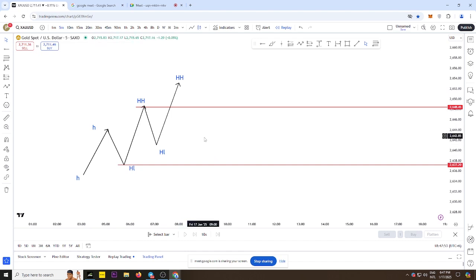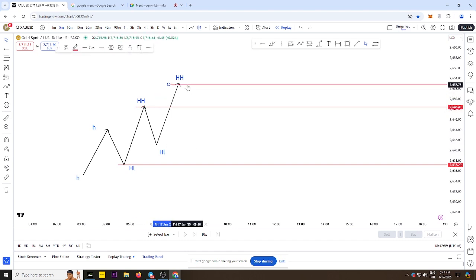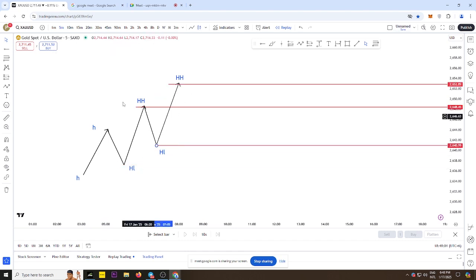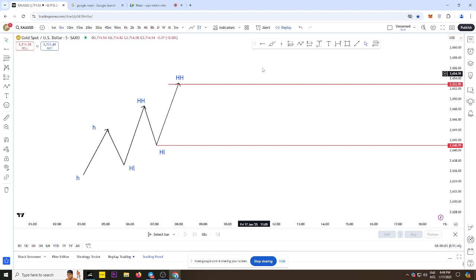By seeing this market, what is your point of view? Bullish or bearish? It's bullish. As I said, we are expanding the universe like this. Now if the market comes here, there are two possibilities: either it comes back or it goes up.